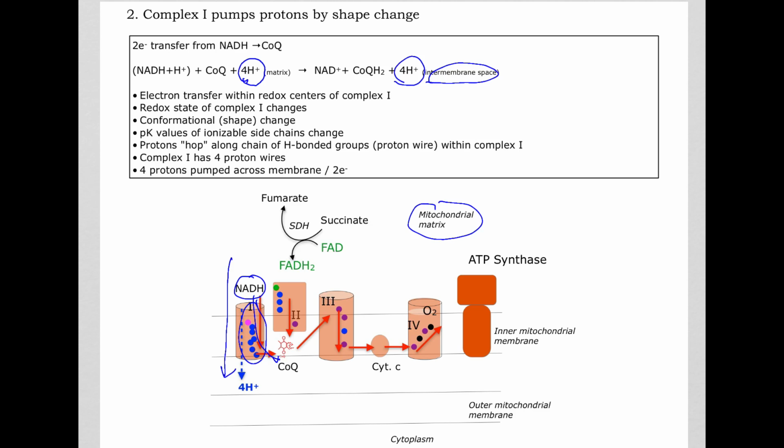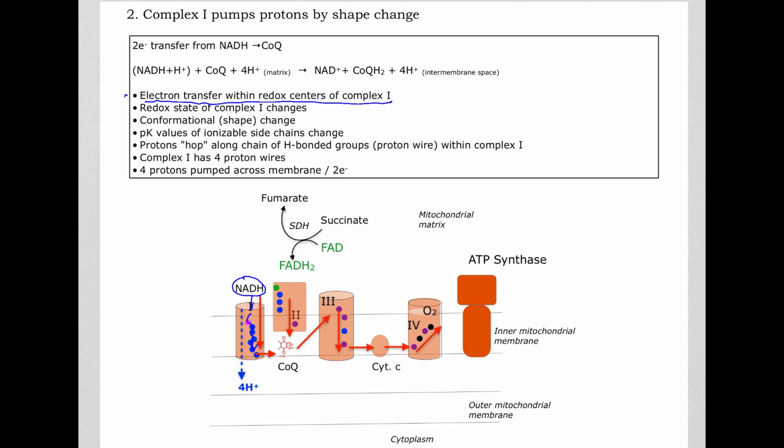How does this happen? As NADH gives its electrons to complex 1, these electrons will travel through the various redox centers of complex 1. So there is electron transfer within the redox centers of complex 1.